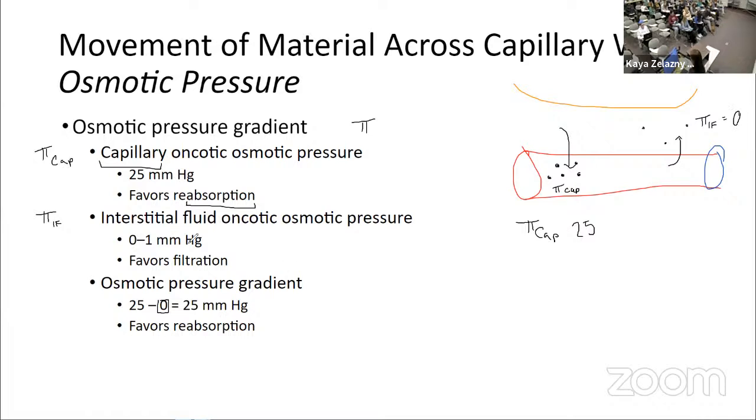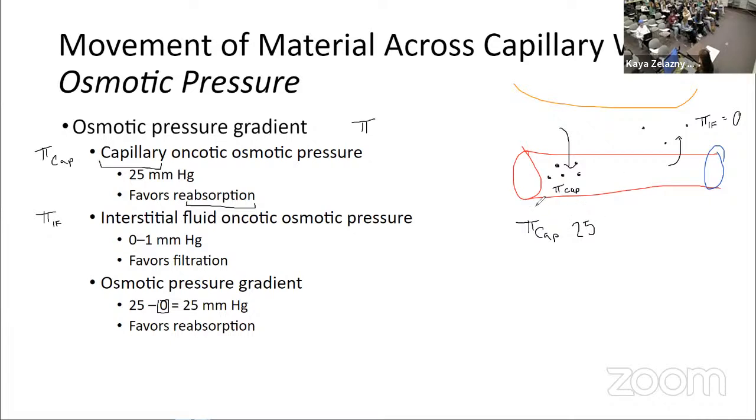Essentially somewhere in between here, but it favors filtration when we have any number there, because this is the filtration direction moving out towards the tissue. The absorption or reabsorption direction is back towards the blood. So we can calculate a pressure gradient here as well for our osmotic pressure gradient.